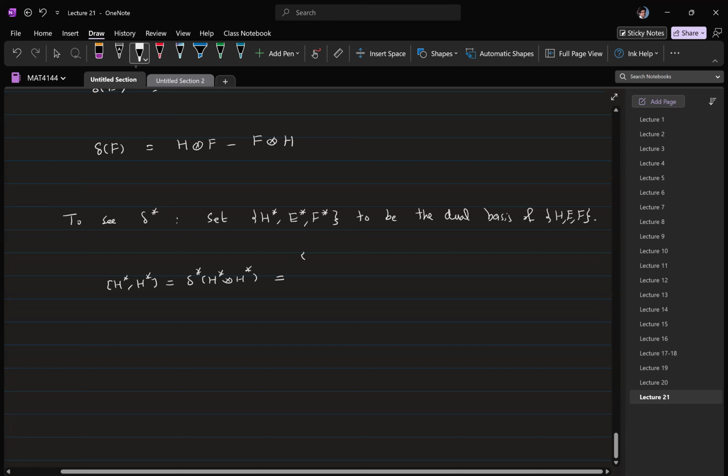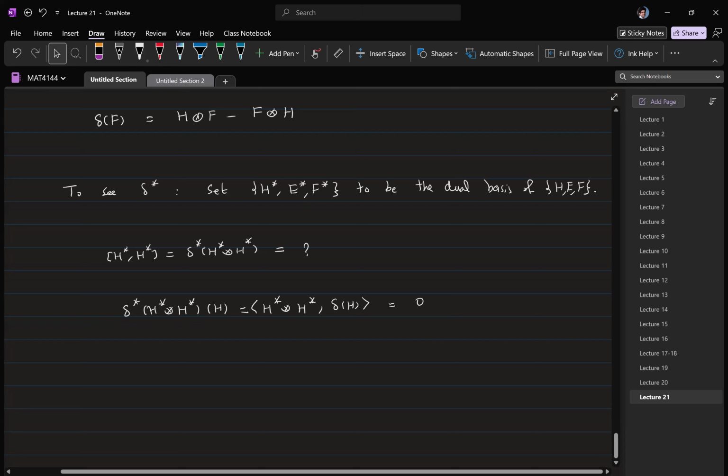So delta star of H star, H star at H: by the definition of the dual map, this is H star, H star evaluated at delta of H. But delta of H is just 0. Okay, so this is just 0.